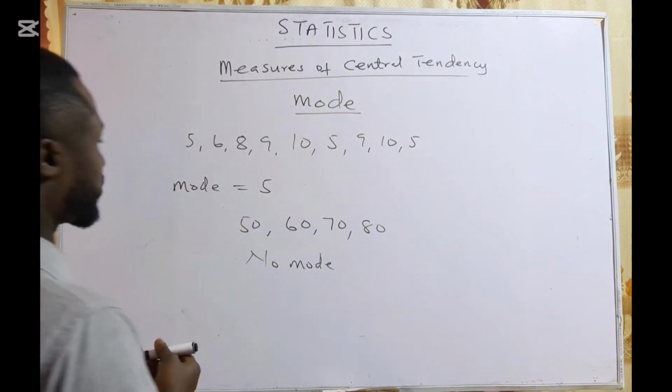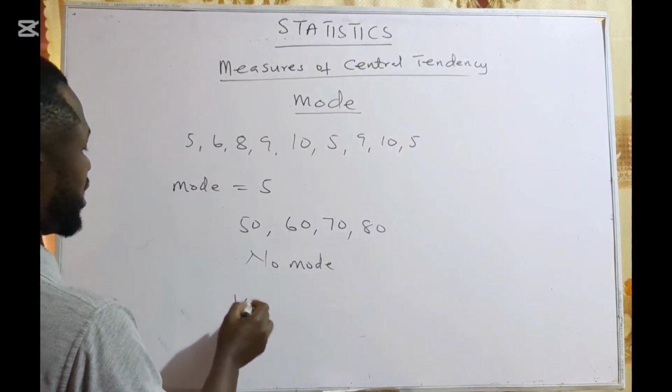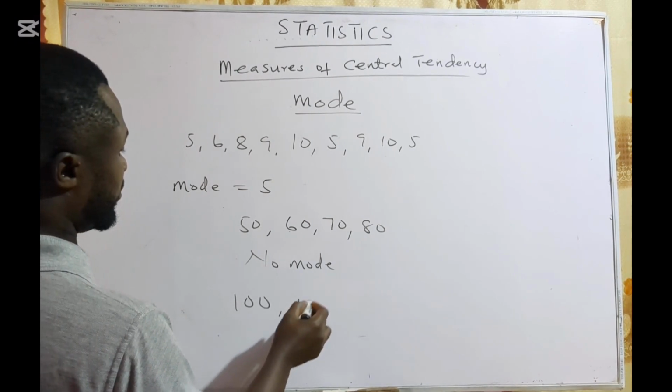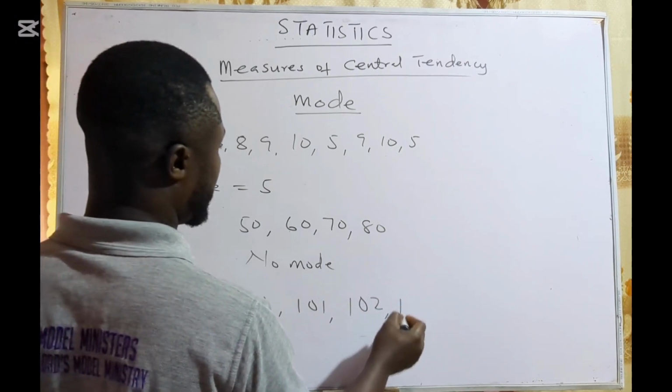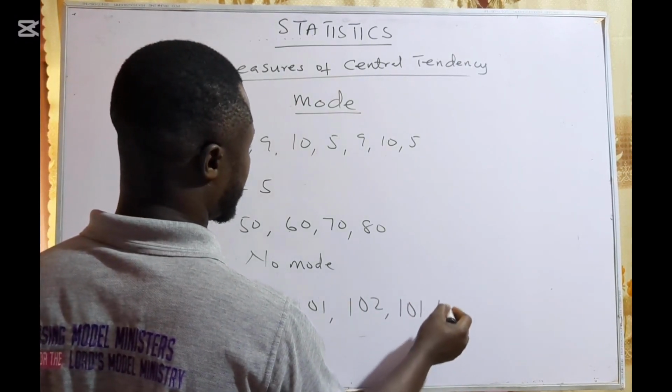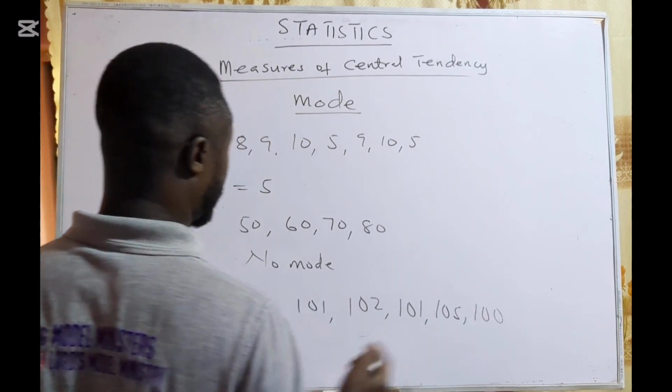And then we can even have a data where let's say I have 100, 101, 102, 101, 105, 100.